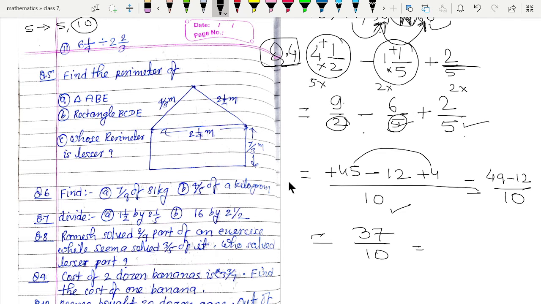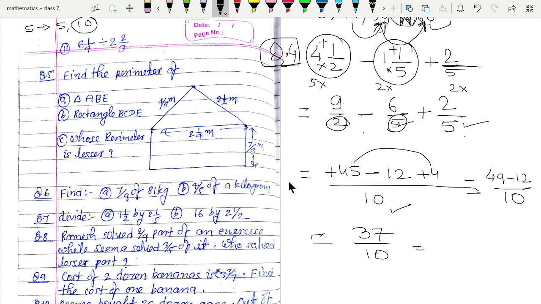Correct. Now as you can see the sign is division, and if you want to change it to multiplication, what changes will occur? 25 by 4 into 3 by 8. Clear?